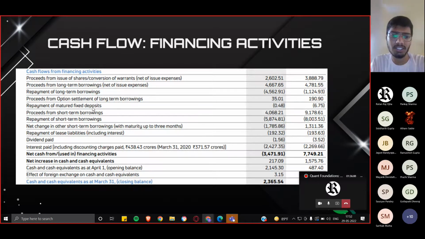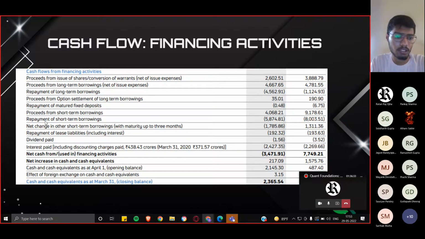Matured fixed deposits: a bond has some maturity, right? A company might issue bonds, and when the bonds mature, they have to repay the principal plus the coupon payments to the investors who invested in those bonds. That's repayment of matured fixed deposits.